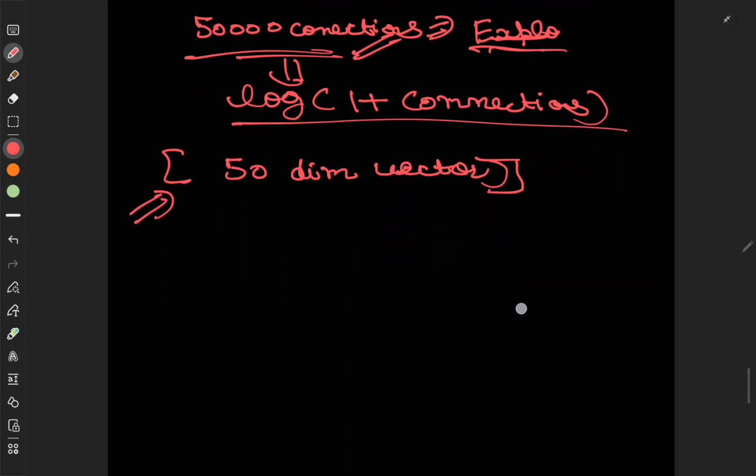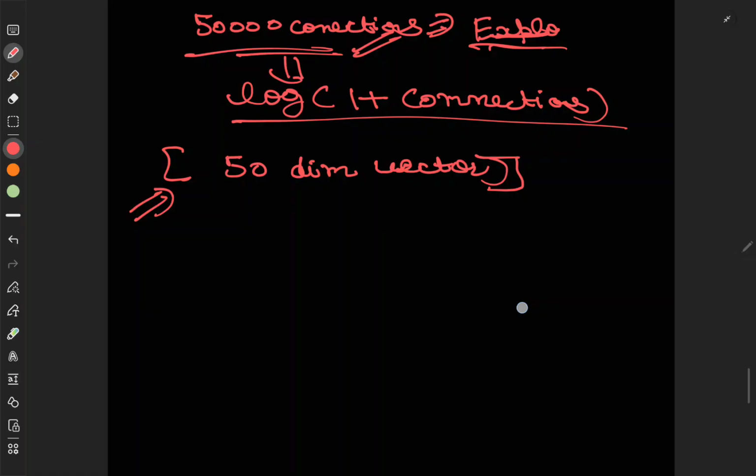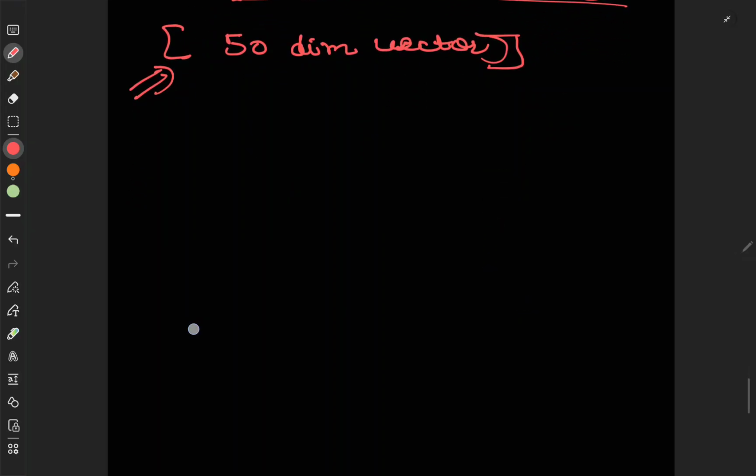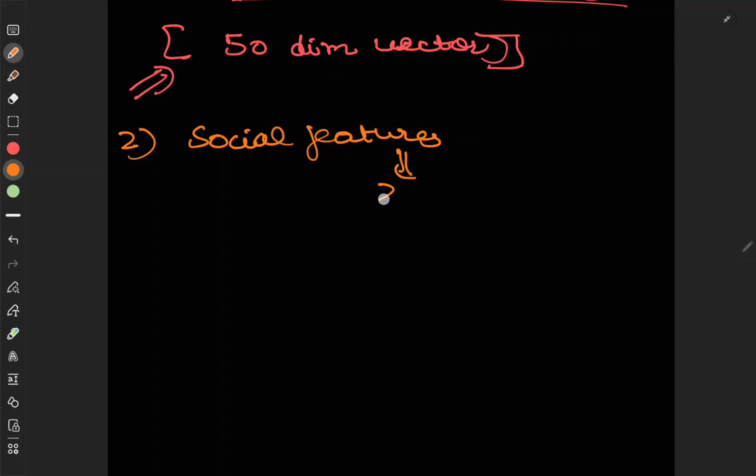Okay, now we need to take care of social features also. Now what social features am I talking about? So these are pretty straightforward. Social features are always between two users. The first question you can ask is, are they in the same company or not?